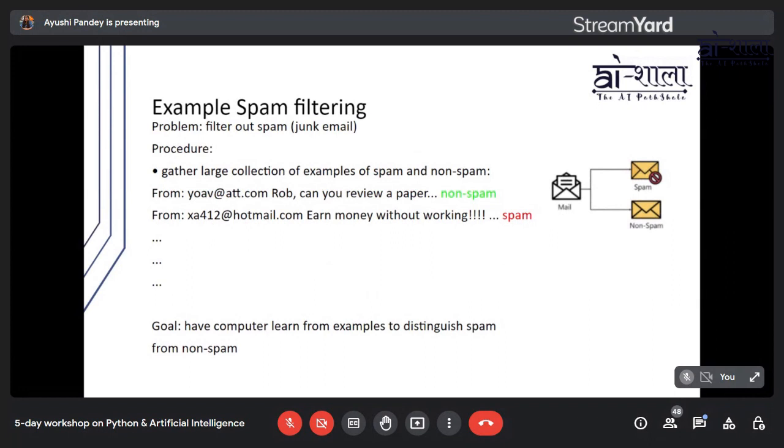First we have spam filtering. All our systems have a spam folder, and you've seen that mail is already filtered. How is it filtered? When the mail comes, some classification is already going on in the server.